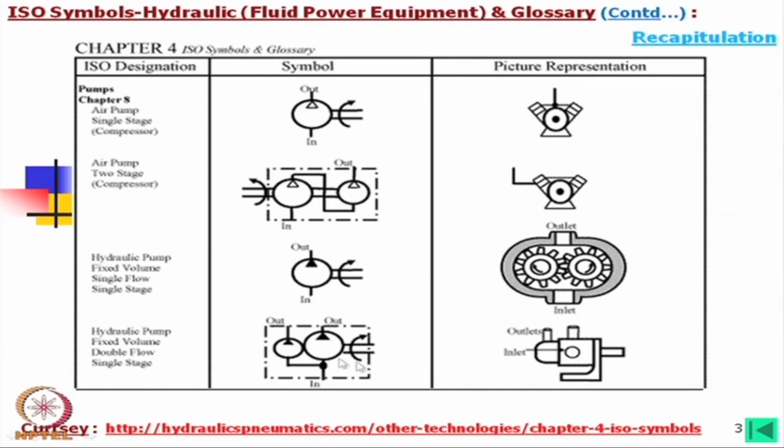Such pumps are used, or even for low flow both pumps are working, for high flow and low pressure both pumps are working, and for high pressure and relatively low flow, only one of the pumps is working. So, this is basically used with a proper circuit for energy savings.